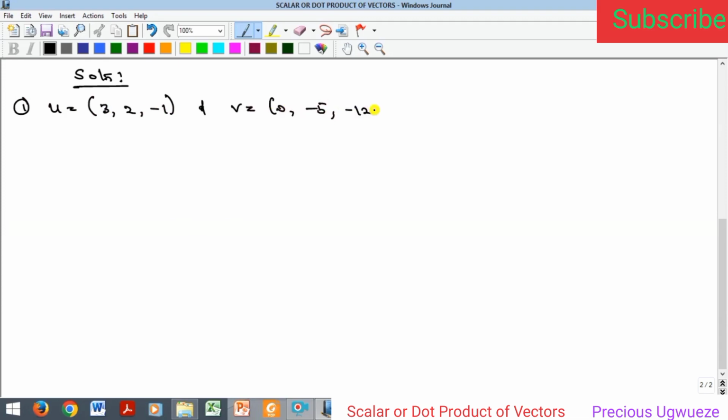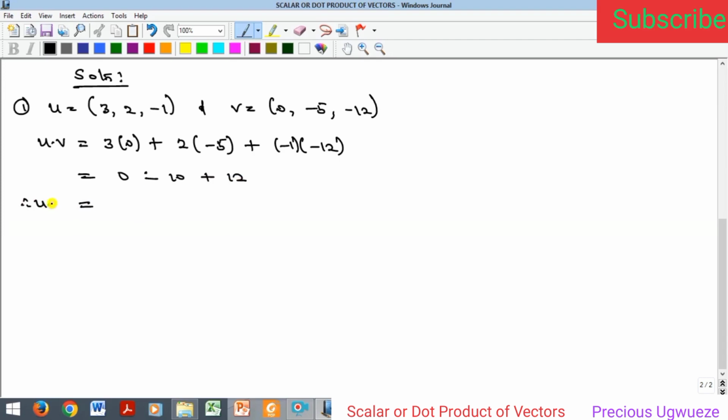What should we do here? Our dot product is equal to just the product of the corresponding components and the sum of those products. So this is going to be 3 times 0 plus 2 times minus 5, plus minus 1 times minus 12. This is going to give us 0, negative 10, and then positive 12, which means our dot product is simply equal to 2.